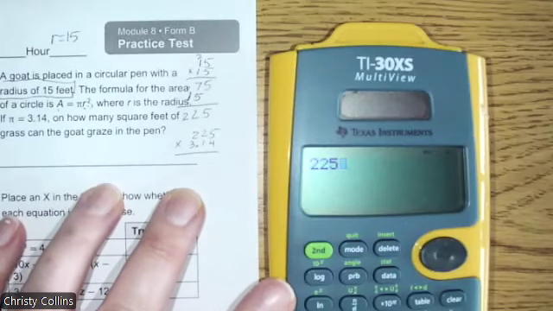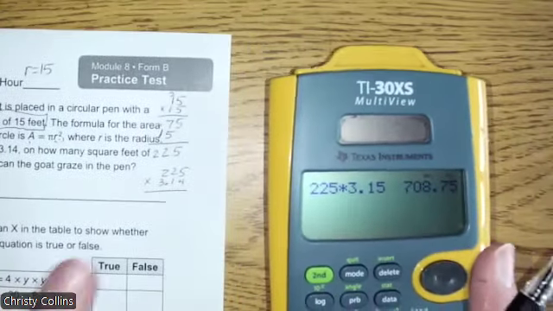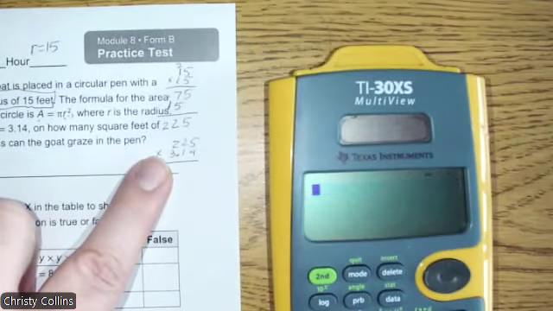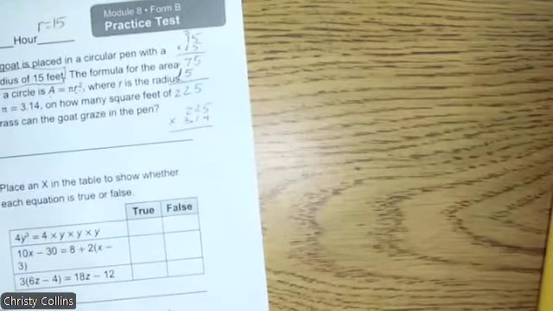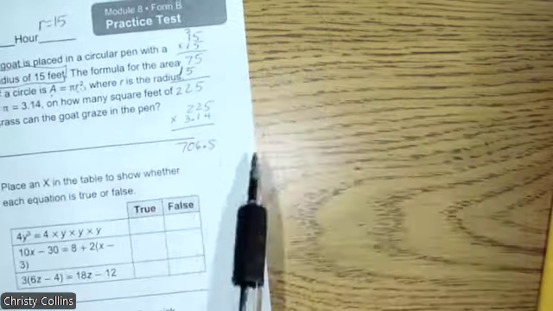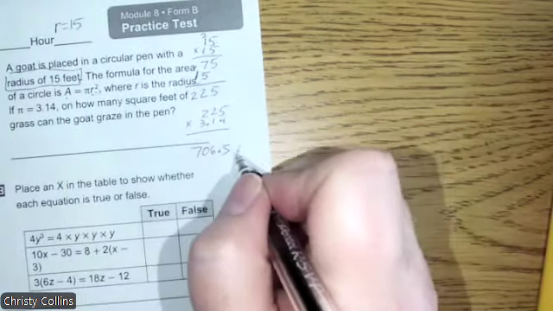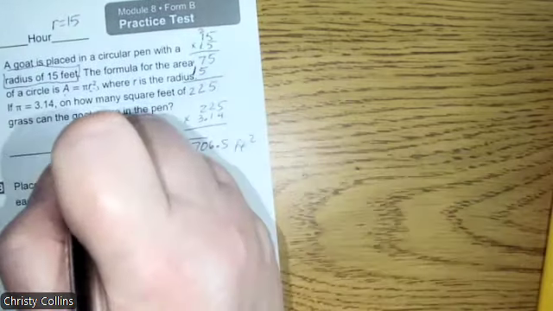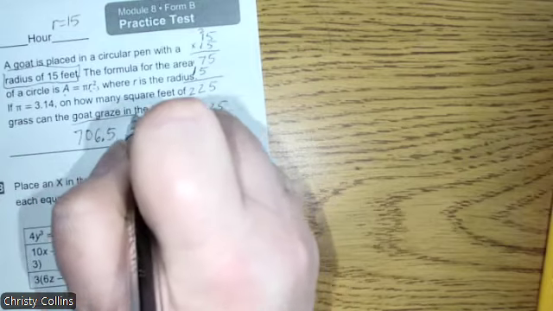Let's go ahead and multiply 225 times 3.14, we get 706.5. Okay, and this was 15 feet times 15 feet, so our answer is going to be feet squared. 706.5 feet squared.